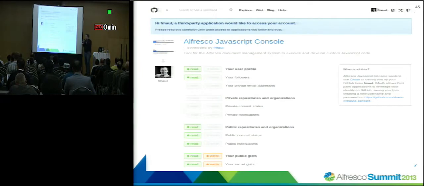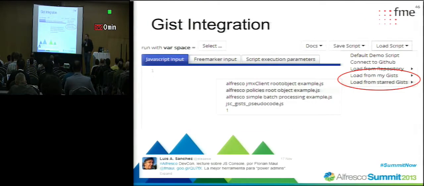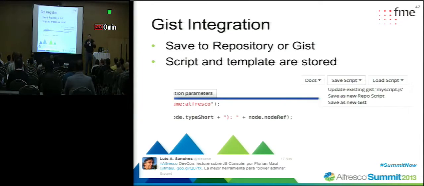And if you do that, you have to approve it in the GitHub API, connect to it, and then you have the ability to load from your gists and open scripts directly from gists. And the cool thing about that is if others have shared gist scripts publicly, you can go in and star them, and all the starred gists are also available. So this might be a good possibility to share scripts with others in the community.